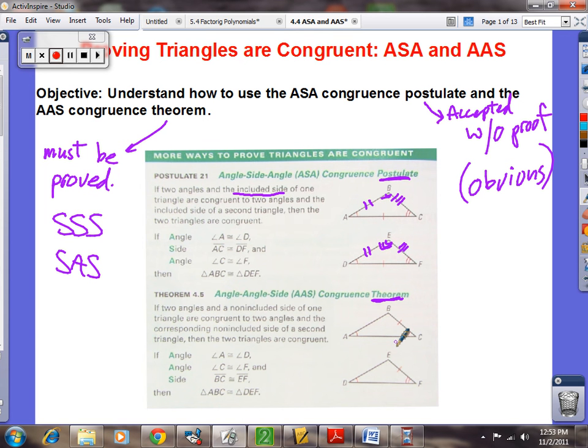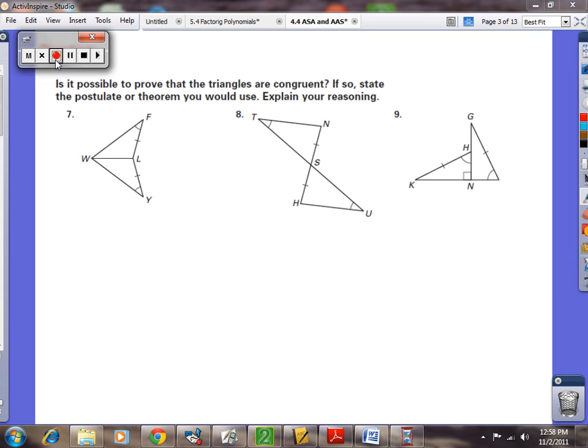Yes. Devin, in your bag of tools, you got 4 things you can bank on: the side postulate, the angle postulate, or the angle side theorem. So it's got to be one of these 4.